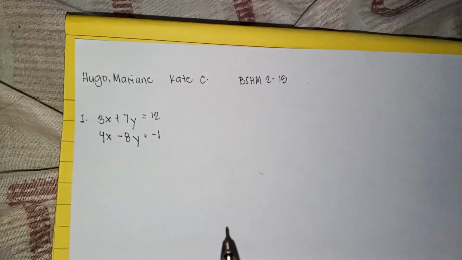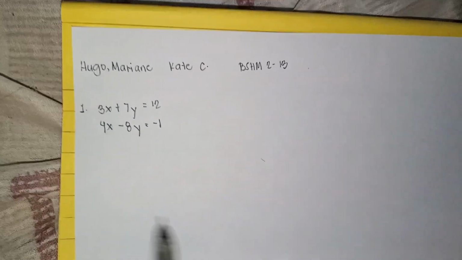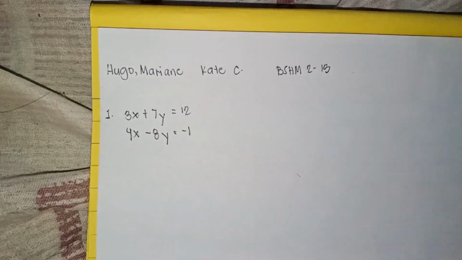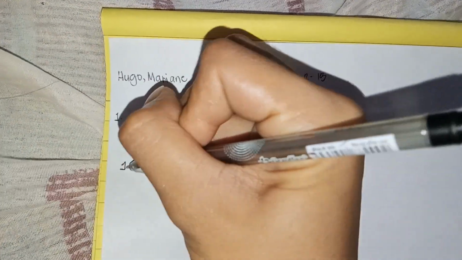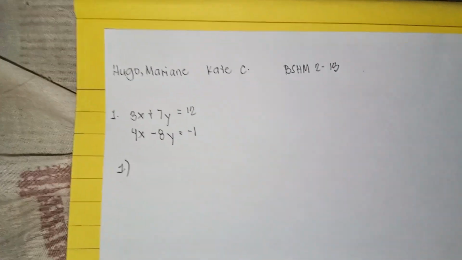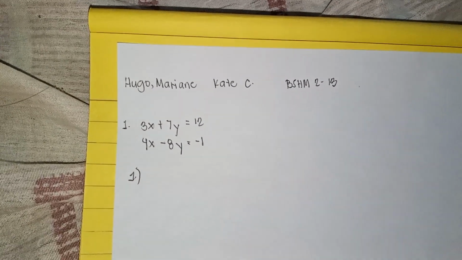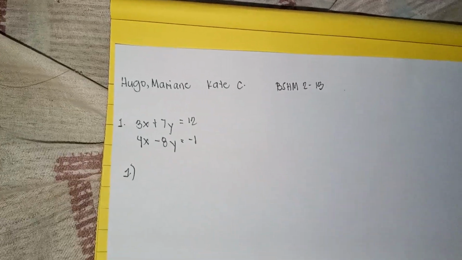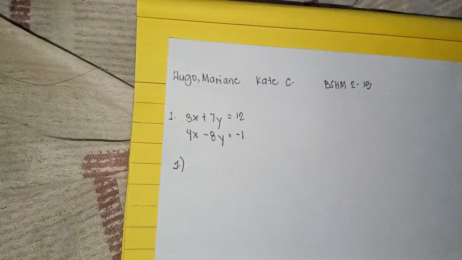We have here the first given equation and the second given equation. So for step 1, we're going to multiply equations to make coefficients of x equal.